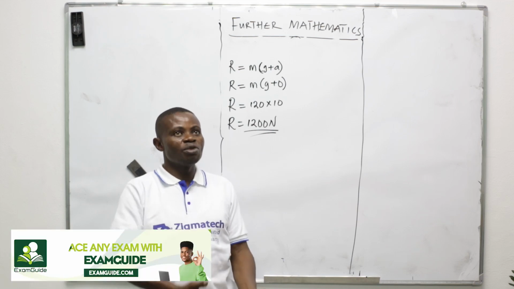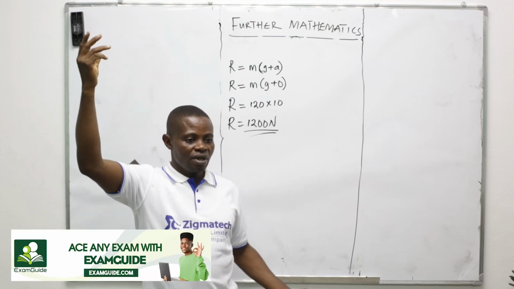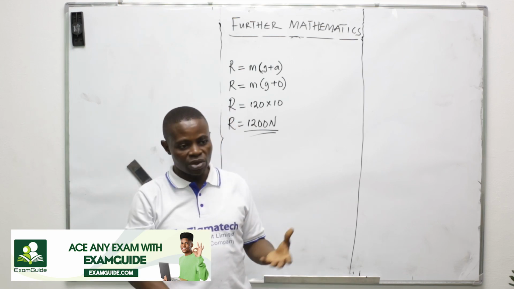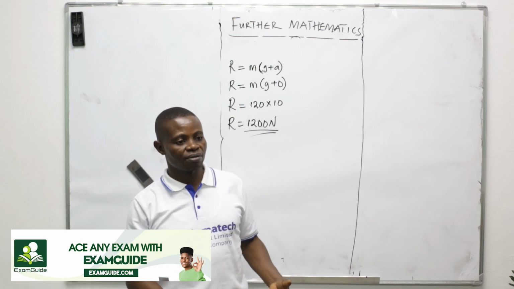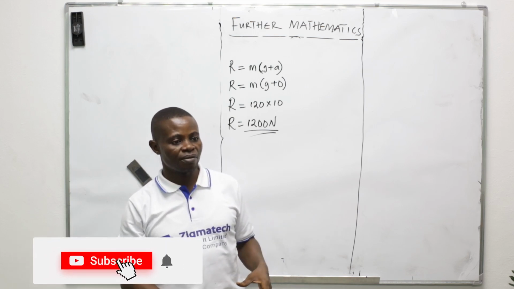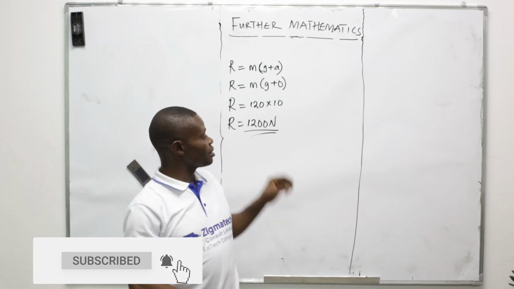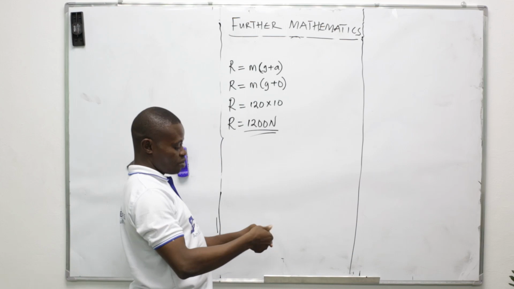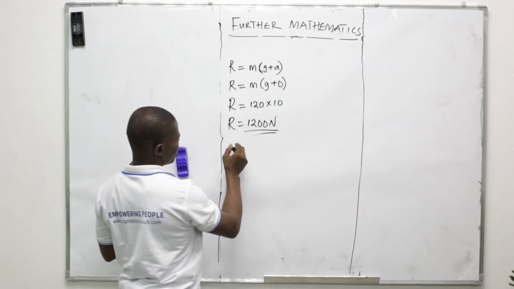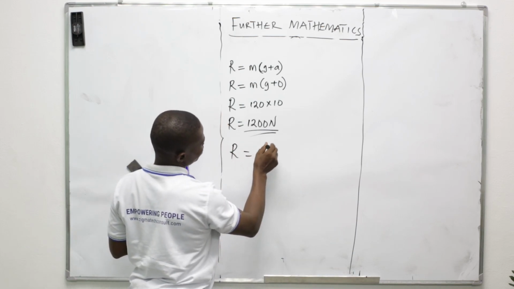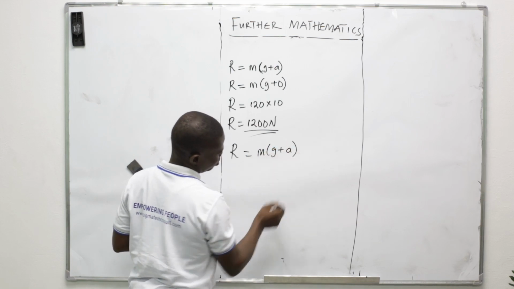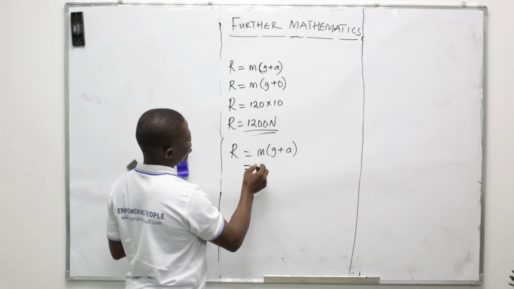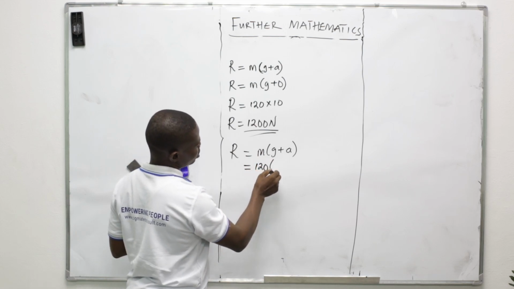When an object is moving up against gravity at constant velocity, acceleration will be 0. But if it's coming down, it's no longer going to be 0. But now, in this case, acceleration has been given to us. So, applying that same formula you have used just now, reaction equals m into g plus a. That is to say, m is 120 into g.